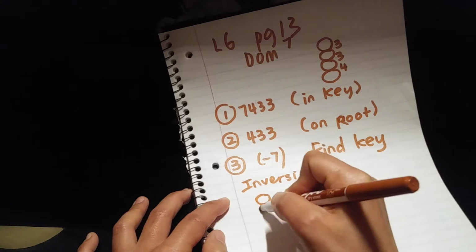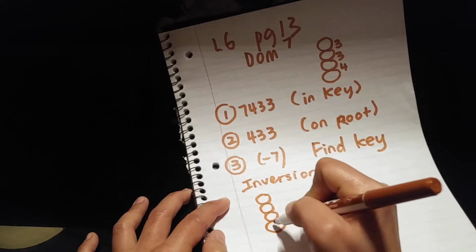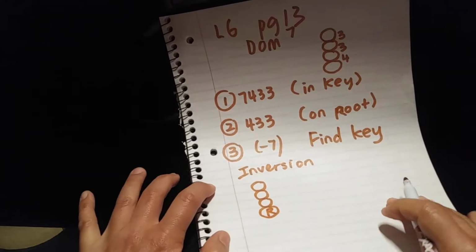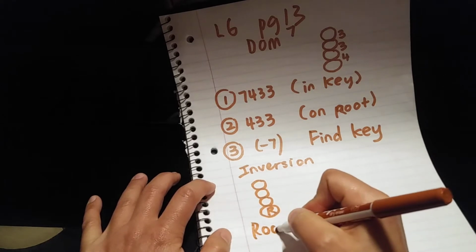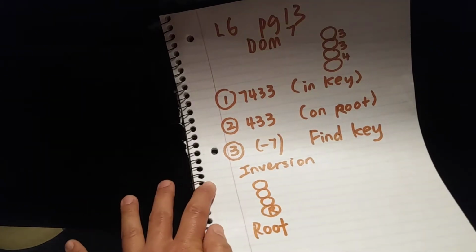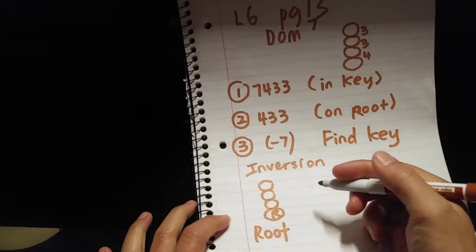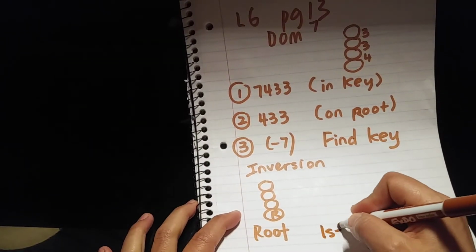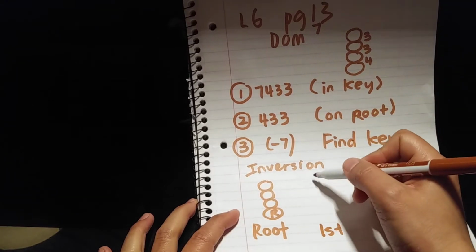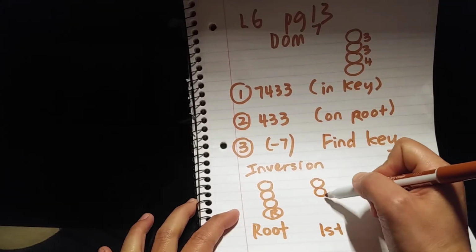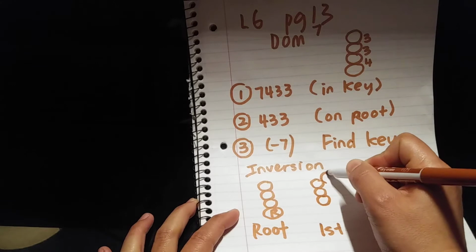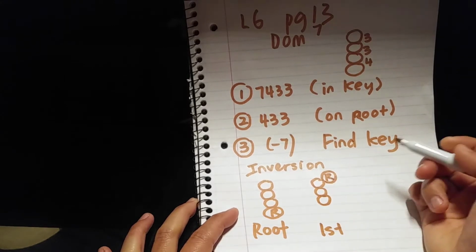So root position is the easiest one. Here's your root. First inversion means you move your root up, so you have these 3 notes the same, and your root, when you move up, is at the side.